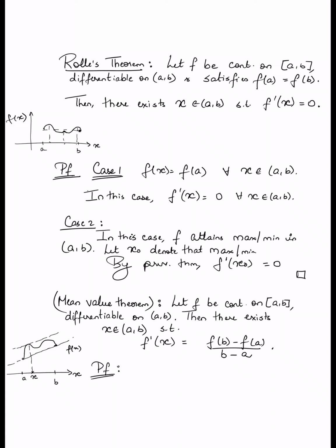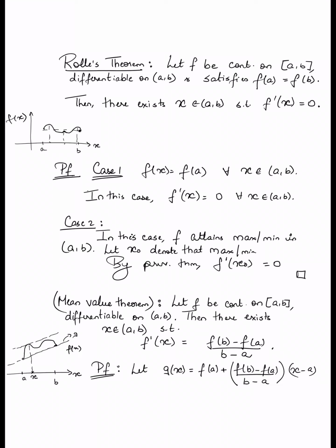Okay, so let g(x) be defined as follows. g(x) is equal to f(a) plus (f(b) minus f(a)) upon (b minus a) times (x minus a). Okay, so if you think about it, we have basically defined g to be this straight line.